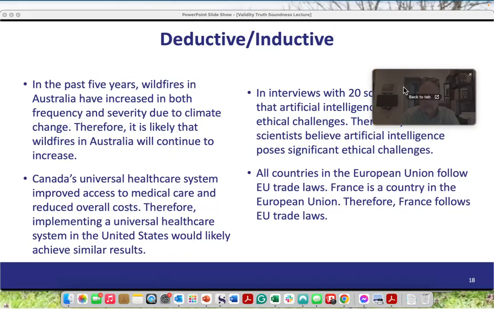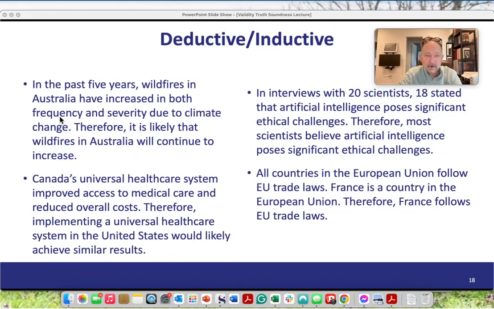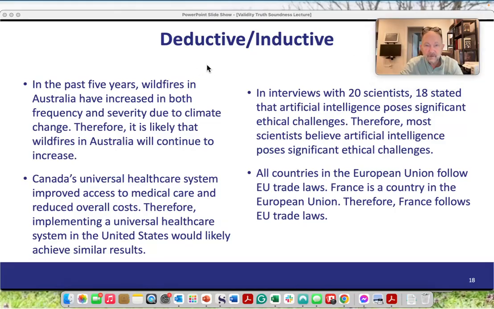All right. So past 5 years, wildfires in Australia have increased in both frequency and severity. So first off, are these deductive or inductive? We'll do a little brush up on this. Therefore, it's likely that wildfires in Australia will continue to increase. Now, what makes that an inductive argument?